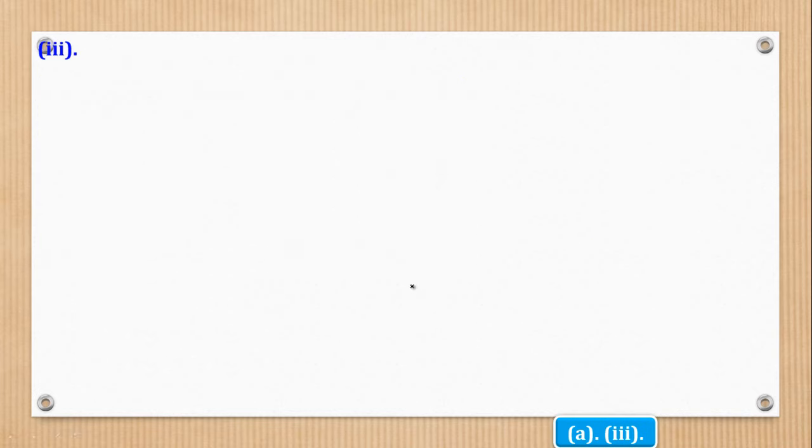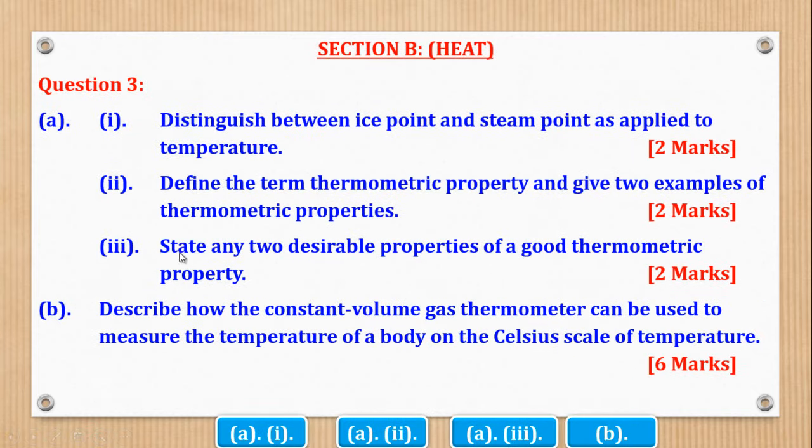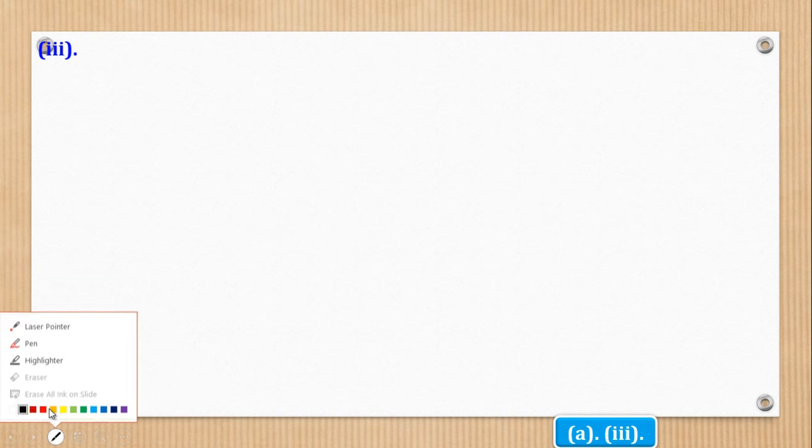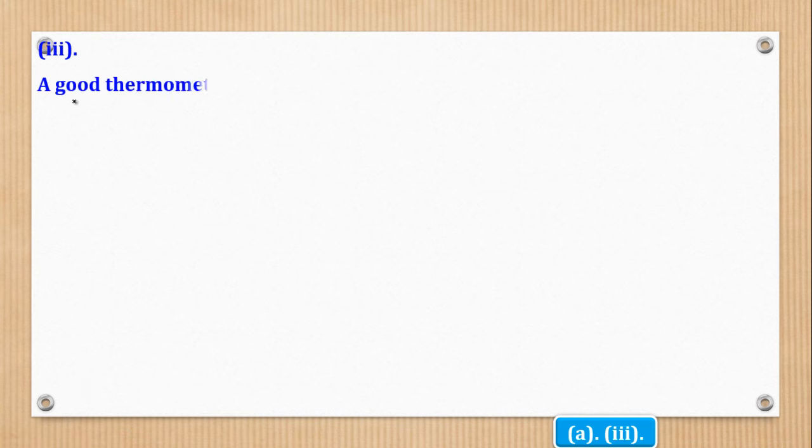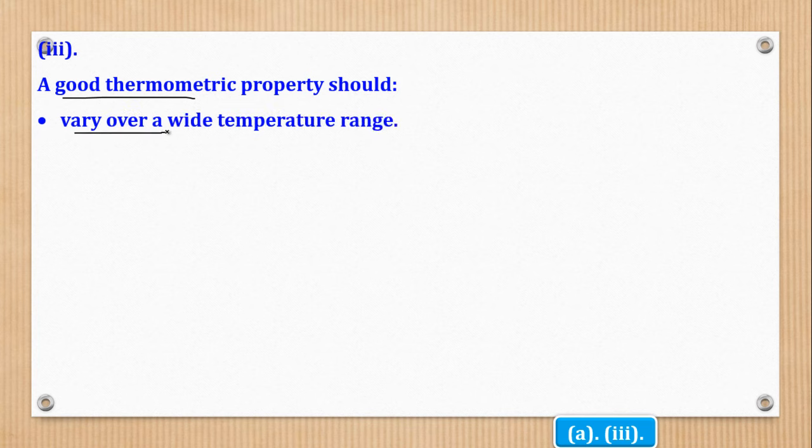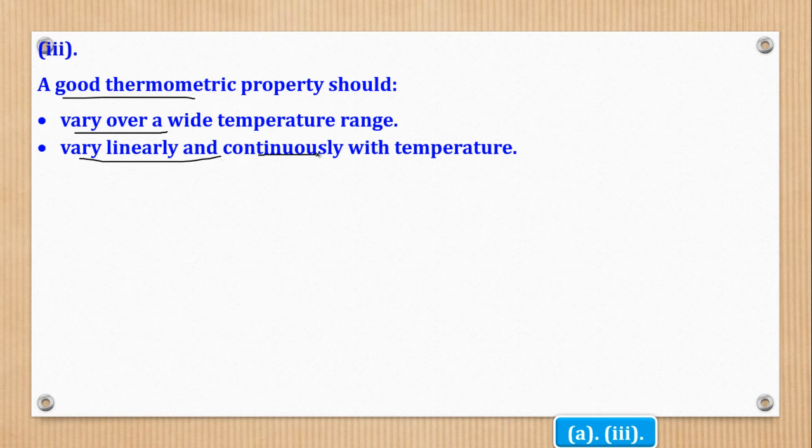Then now we shall go to part A Roman 3. A Roman 3 says, state any 2 desirable properties of a good thermometric property. So a good thermometric property should: 1. Vary over a wide range of temperature, 2. Vary linearly and continuously with temperature, 3.